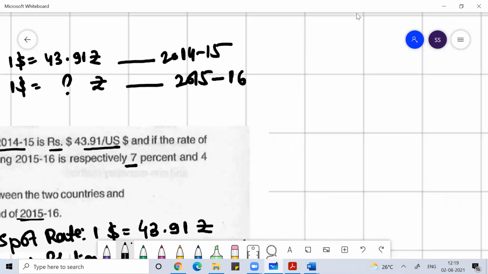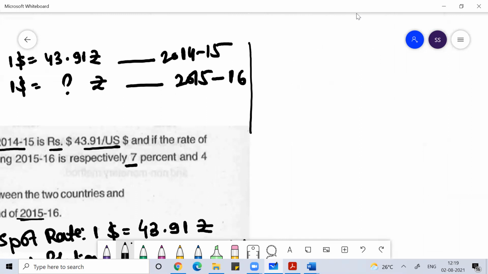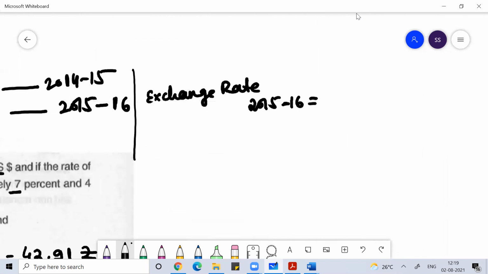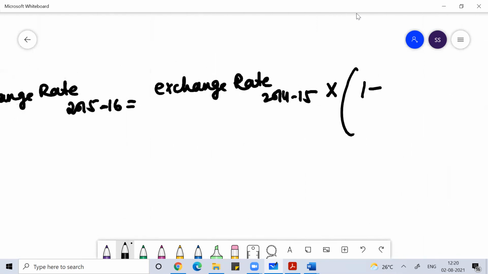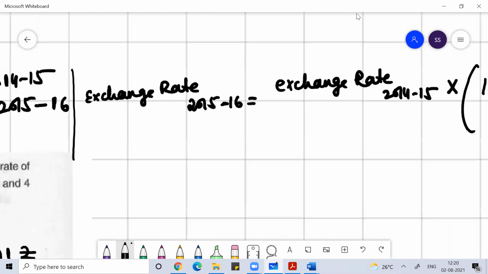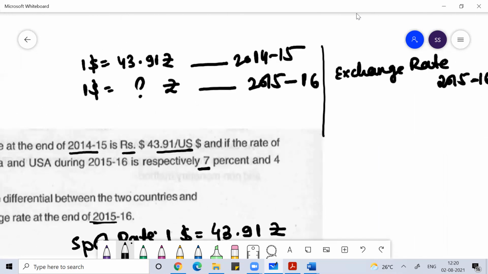The exchange rate at the end of 2015-16 will be equal to the exchange rate at the end of 2014-15 into 1 plus, okay, see the currency which is written on the right hand side.